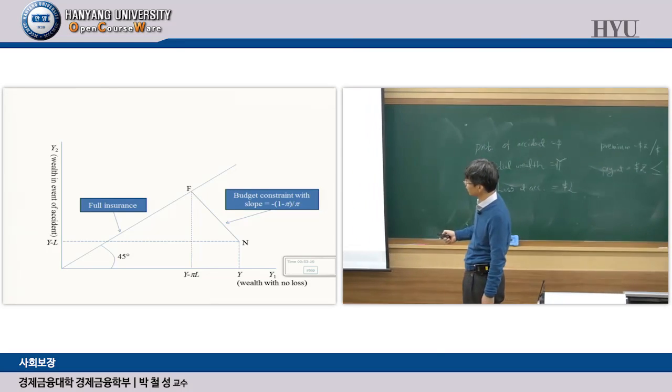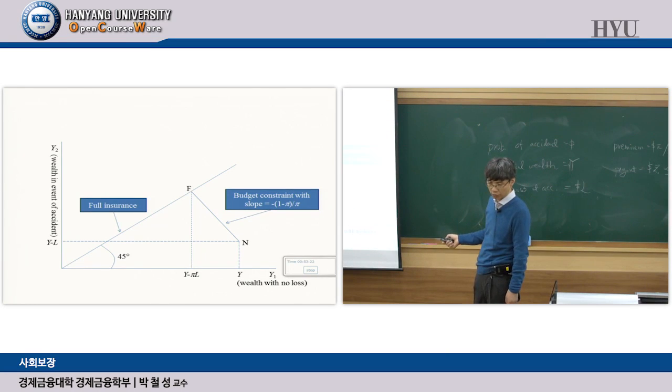What you can see here is that if pi is large, point F will be lower, so the slope is going to be flatter. If pi is low, then it's going to be steeper. So if the insurance premium is high, it's going to be flatter, and if the insurance premium is low, it's going to be steeper.